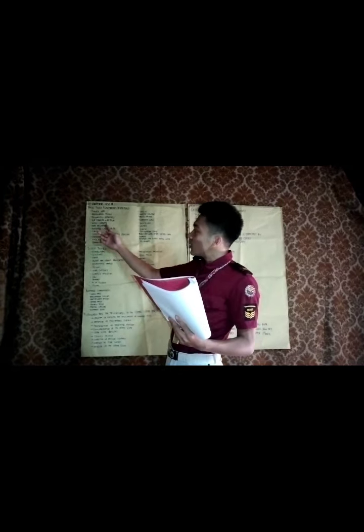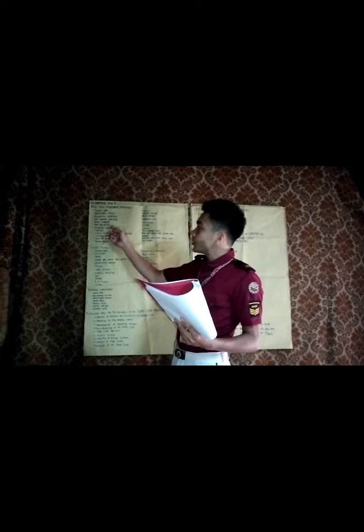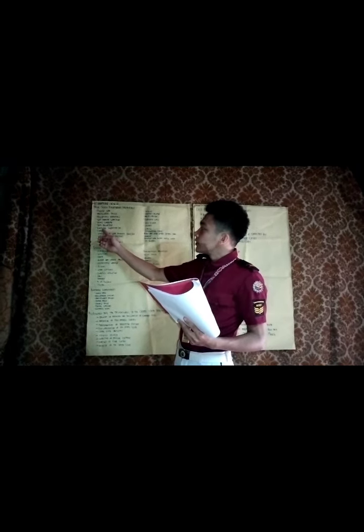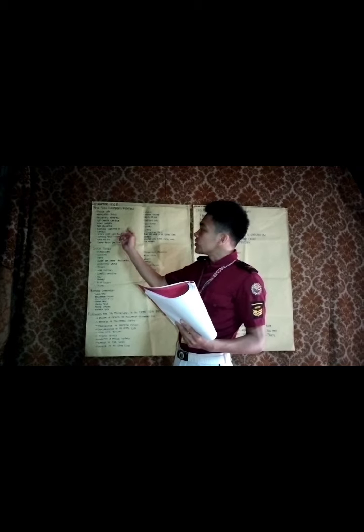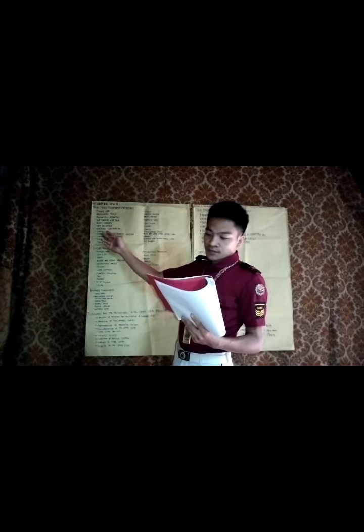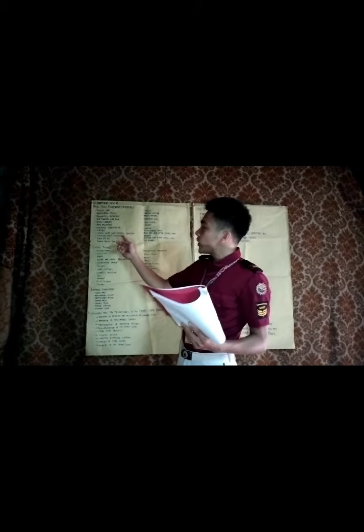Next we have the SLR camera with film. Next we have the video camera. Next we have the tape recorder. Next is the evidence collection kit, and also we have a compass. Next is the searchlight with battery charger.